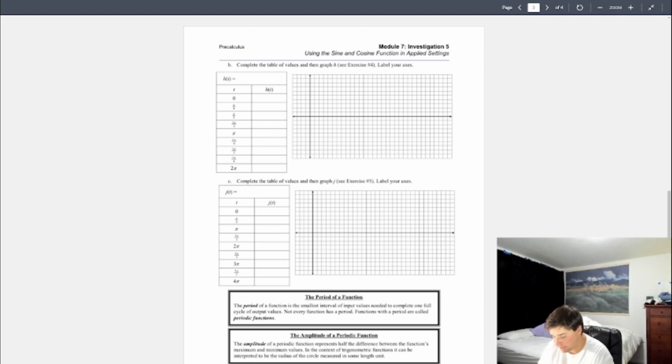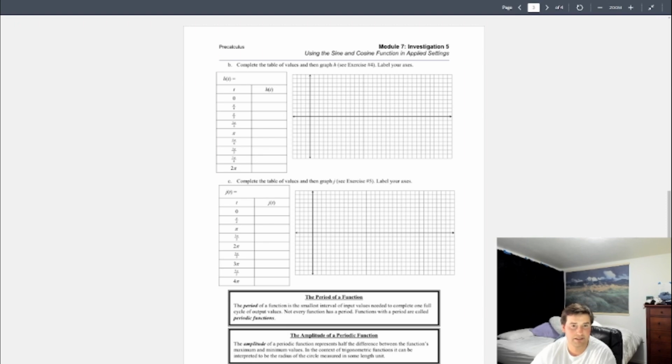So in 4 pi, it's going to do 1 rotation. So it's 1.62. So let's see. Pi times 2. Yeah, the next one is pi. Oh, it's pi times 0.5 is this.